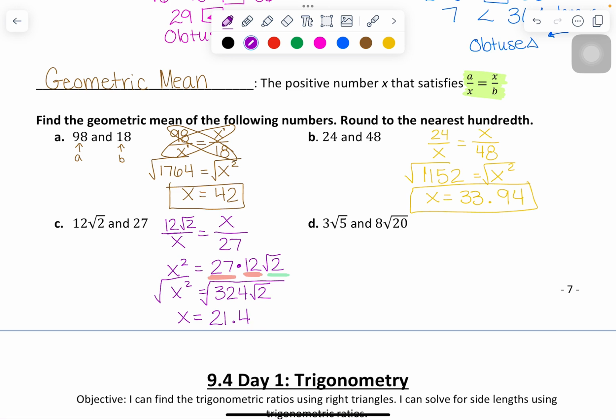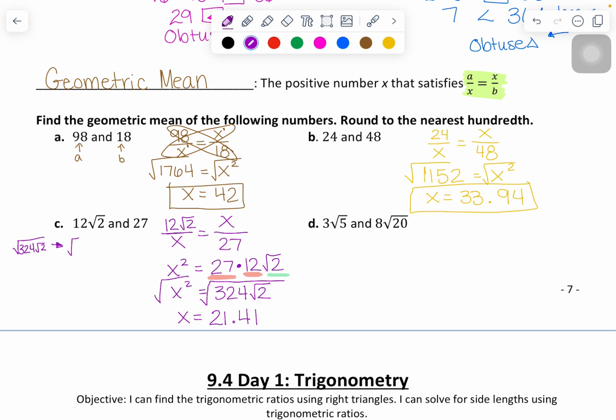If you don't have the fancier TI, which, let's be honest, I don't expect that you have the fancier one. You don't have to have the fancier one. To put the square root of 324 square root 2 into a calculator, if you've got one of the others, it's going to look like this.